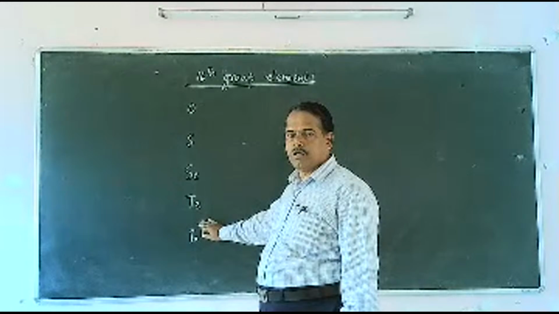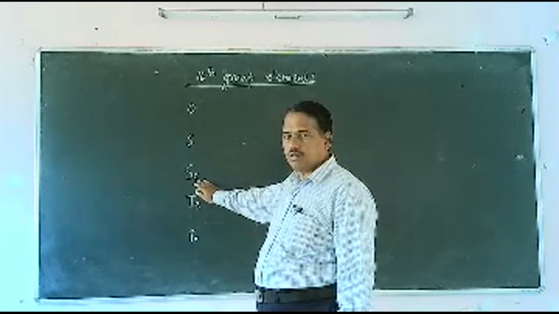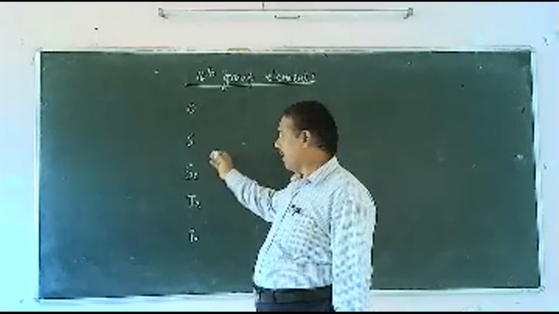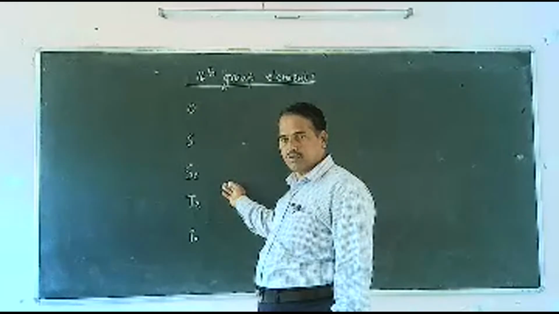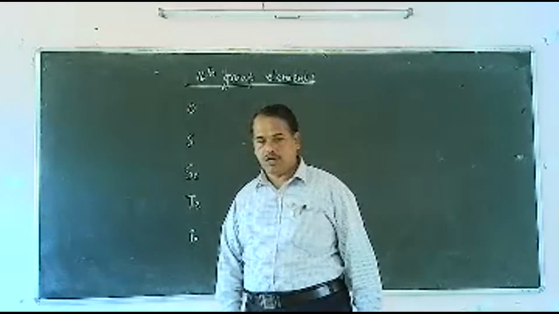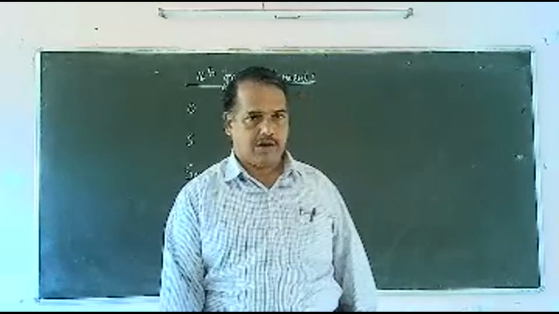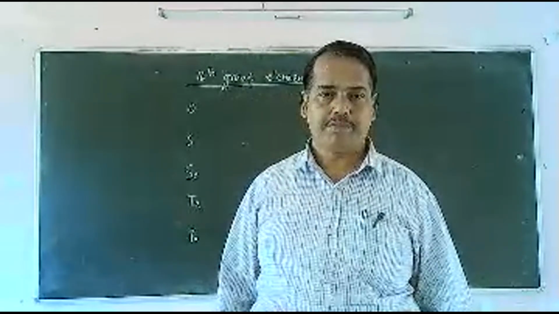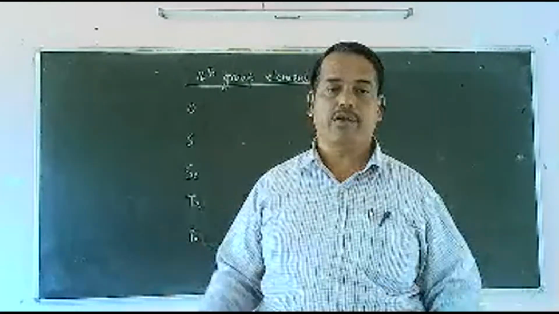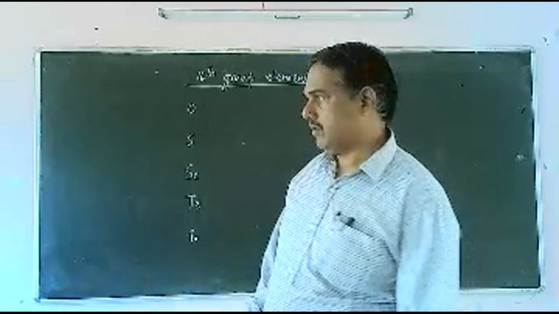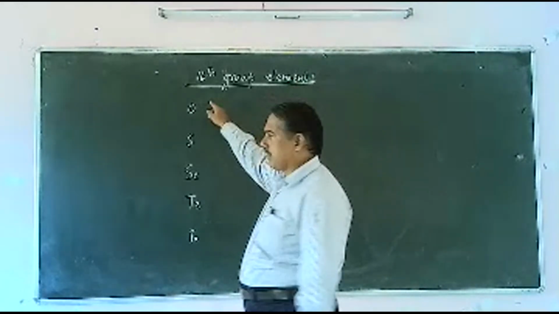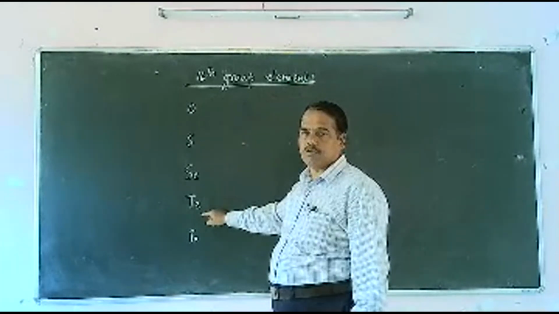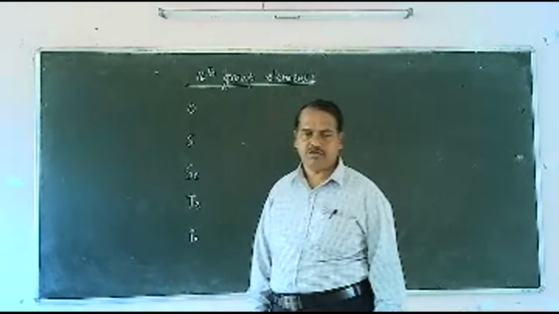Selenium and tellurium occur in the form of selenites and tellurides. Polonium is obtained from the radioactive disintegration of uranium and thorium. Polonium is a radioactive element. So these are the occurrence of these 16 group elements.